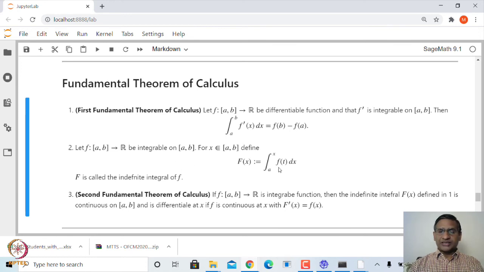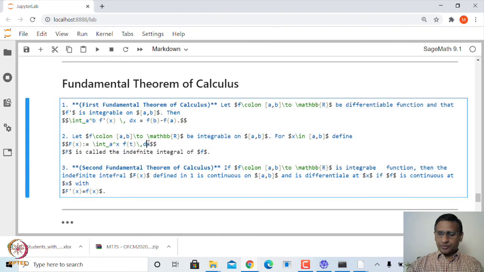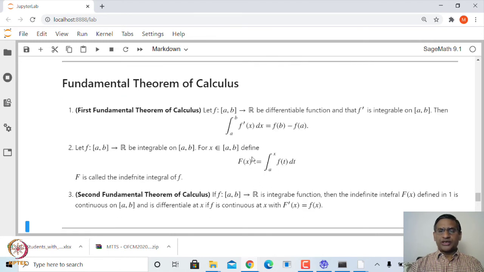Similarly, if the function is integrable, you define the integral of f(t) from a to x, dt, sorry, it should be dt here because that is the variable with respect to which we are integrating. So, this is a function of x.